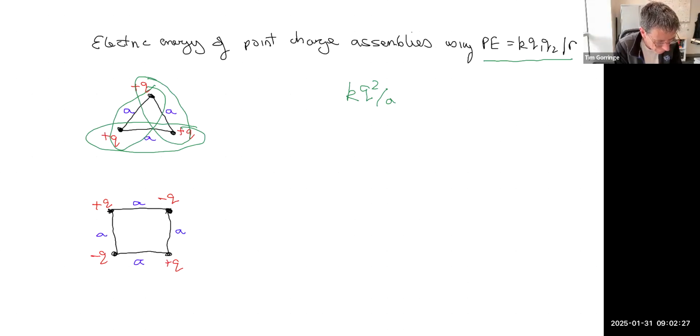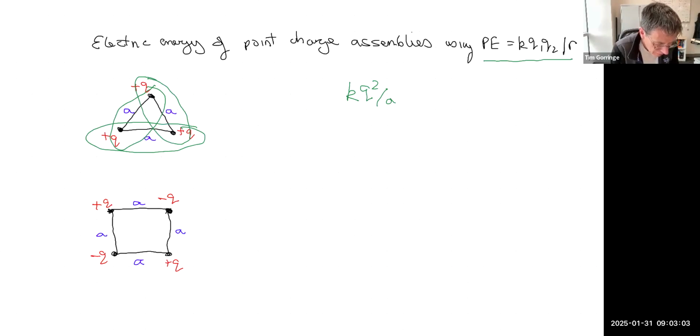There are 2 more, but if we look at those 2 additional pairs, you'll notice that they both involve the same amount of charge as the first pair, a plus Q and a plus Q. They both involve charges separated by the same distance as the first pair, the distance A. And so the remaining 2 pairs have electrical potential energies that are also K, Q squared, the product of the 2 charges, over A.